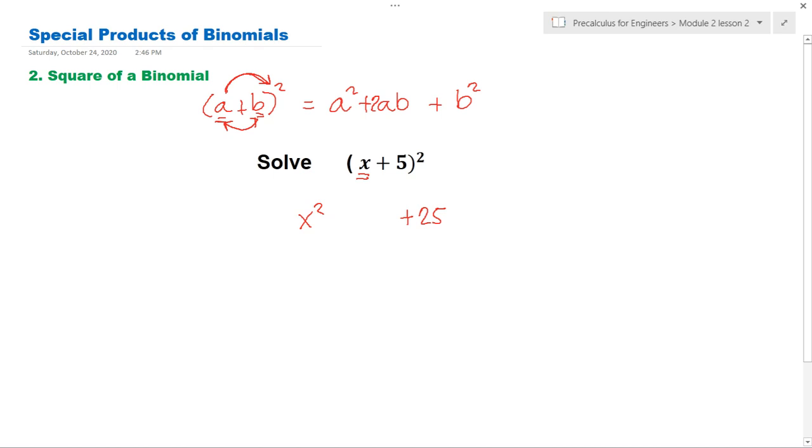Kapag minus 5 to dito, yung buong minus 5 mo, i-squared mo siya. Ganon. Then, for the middle term, again, multiply these two terms. 5 times x is 5x. Then, multiply to the exponent, which is 2. So, we have 5x times 2. We have positive 10x. So, this is how you are going to simplify square of a binomial.